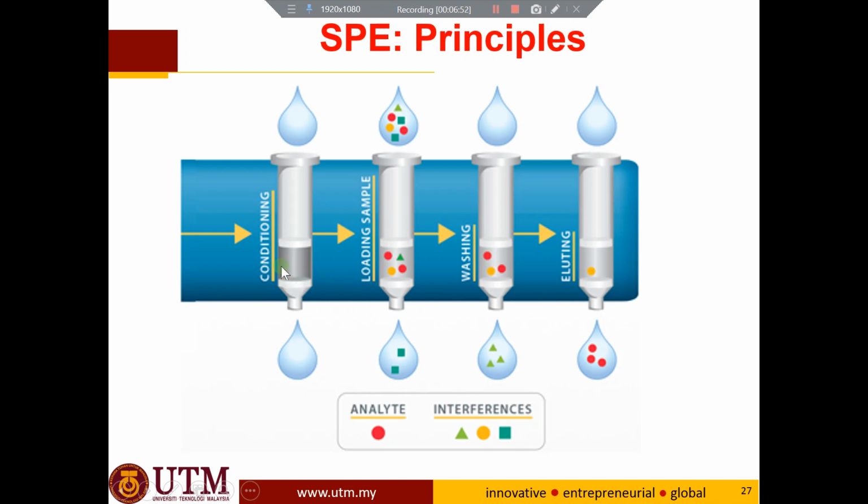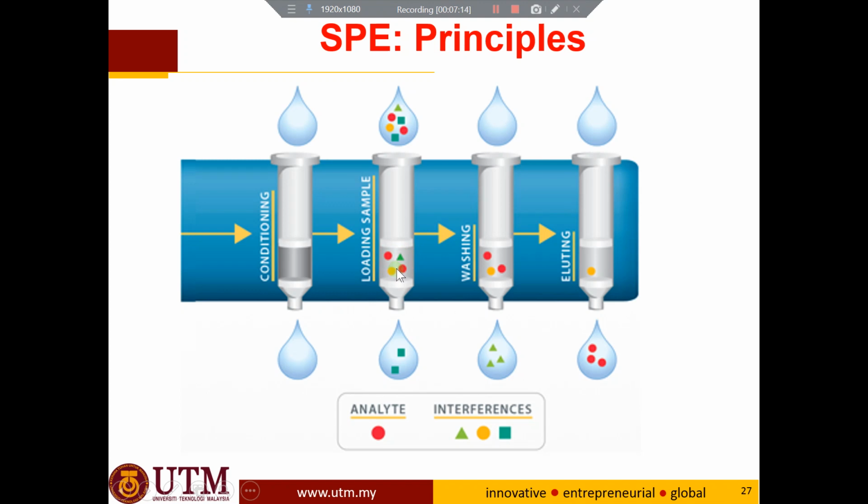Then the next one is loading the sample. Then we put our sample. In loading our sample, our objective is that our analyte of interest will absorb onto the surface.